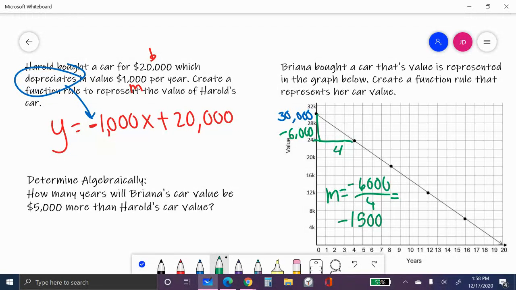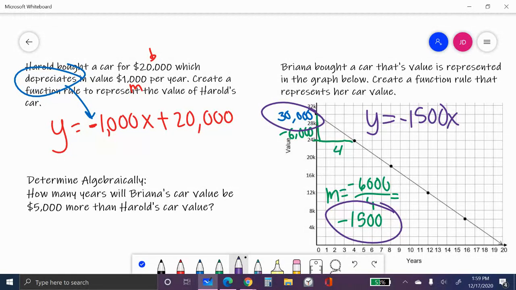So I know the slope of this one and the intercept. So the equation is y equals negative 1,500x plus 30,000. So there is my function for Brianna.